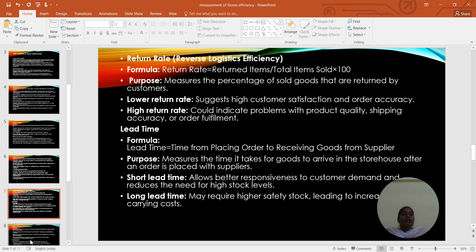And next, move to the return rate or reverse logistics efficiency.